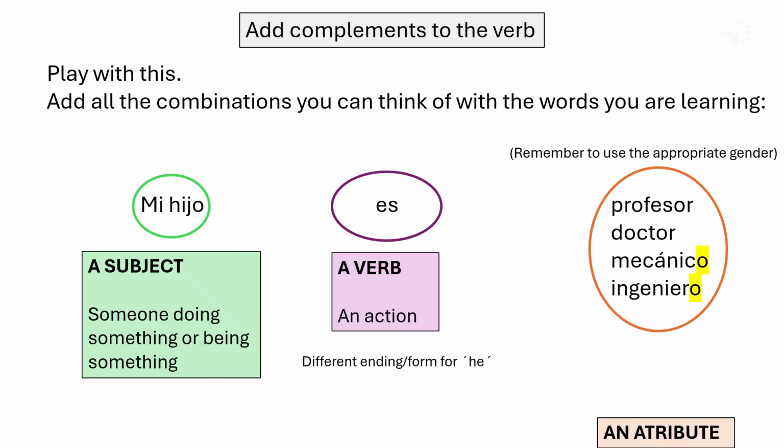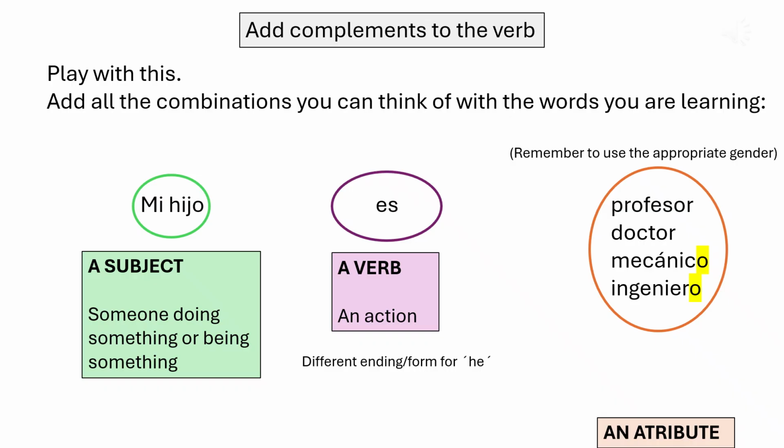Mi hijo, the subject, the person doing the action, es, the action, the verb, to be. And notice there is a different ending, of course. I had yo soy, I am, but now I have mi hijo es, because that's my son, not me. Third person, es. Mi hijo es, thankfully, very similar to English, is, es.